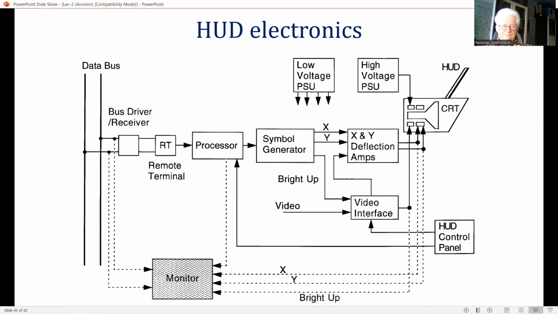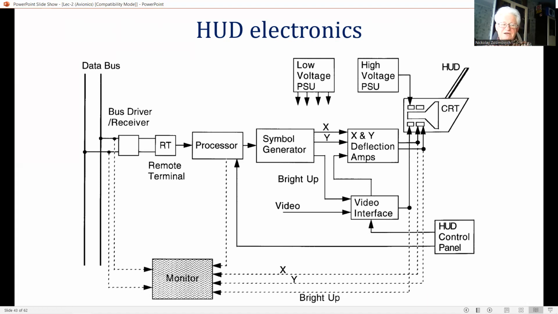The basic functional elements of the HUD electronics will be described briefly. The data bus interface decodes the serial digital data from the aircraft data bus, typically a MIL-STD-1553B data bus, to obtain the appropriate data from the aircraft subsystem and input this data to the display processor.